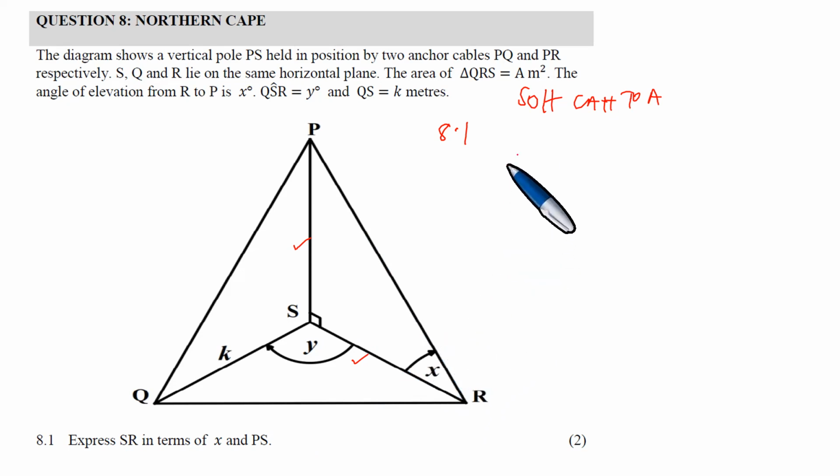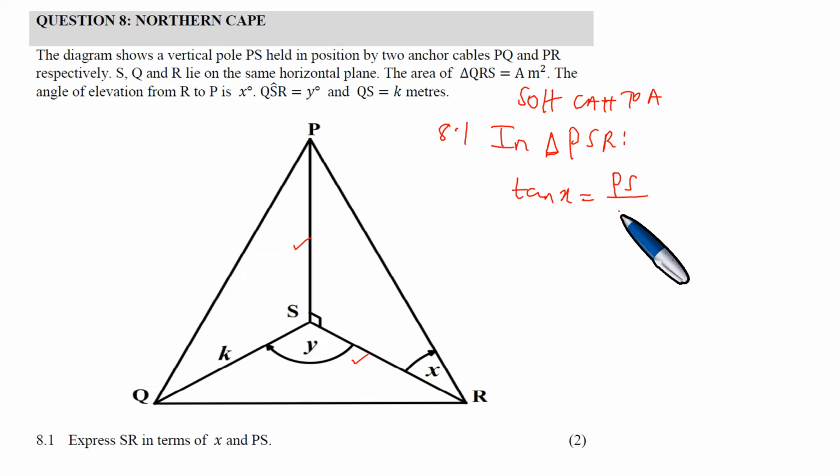So we have the following. First we tell the examiner, Mr. Examiner, we have realized that you actually want us to work in triangle PSR. So in triangle PSR, we have the tangent of the angle X. The tangent of X is the opposite, which is PS, over the adjacent, which is exactly SR there.